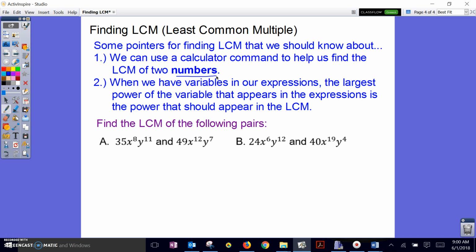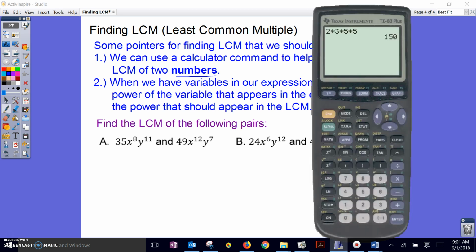So here we go. We're going to find the LCM of the following pairs. We're going to take our numbers, and we're going to go to our calculator. In the math menu, remember where we found the calculator command for the GCF? Well, right above it, number 8 is a calculator command for the LCM. We're going to go ahead and use that. LCM of 35 and 49.